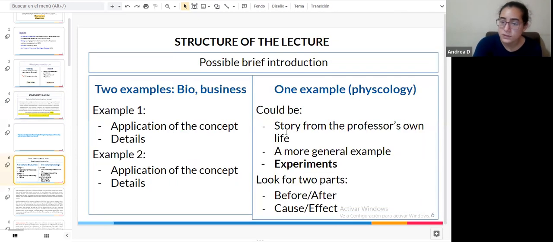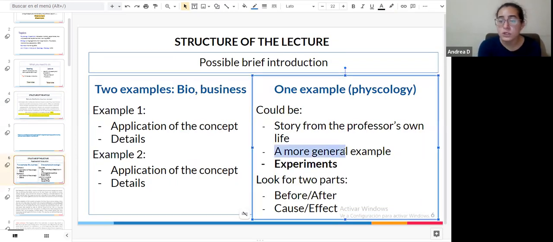Maybe you have a more general example. So maybe you have something like how teachers do this, or how teenagers do this, or how elderly people change their behavior, or business people maybe. So in a more general way, you can have an example of a group of people that does this.